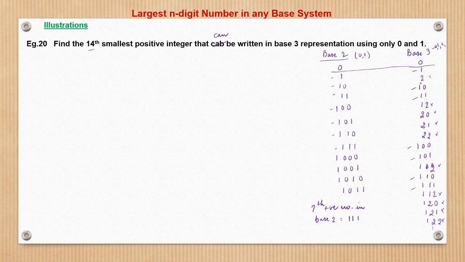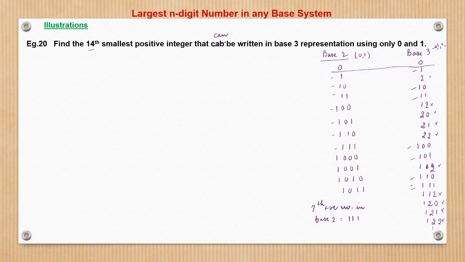So here also, the seventh smallest positive integer using only 0 and 1 even in base 3 is 111, and that is the same as the seventh smallest number in base 2, right? So that means the 14th smallest positive integer that can be written in base 3 using only 0 and 1.